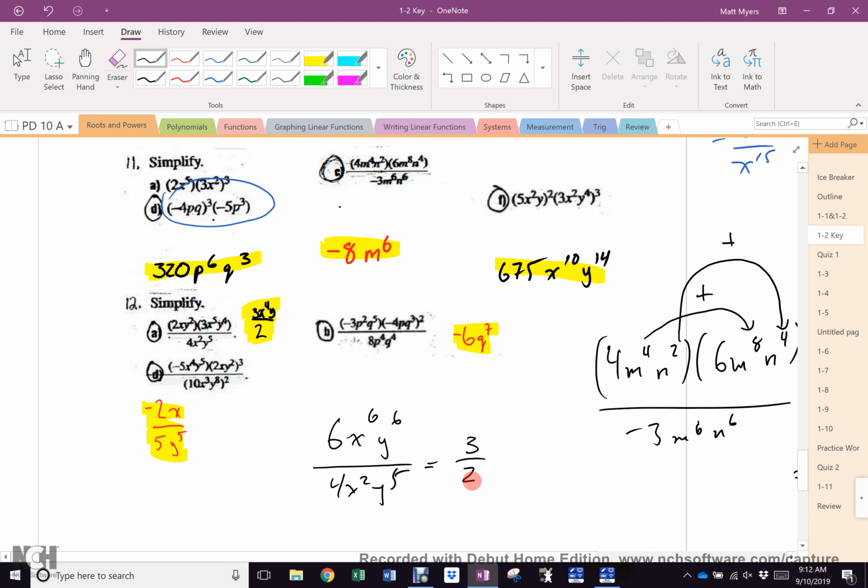Simplify. 3 halves. 6 and 2. 2 down there, 6 up there. They're the same sign. Cancel those 2. Cancel 2 of them, leaving me with 4. Are these the same sign? Cancel those 5. Cancel those 5, leaving me with how many? 1. 3, x^4, y.